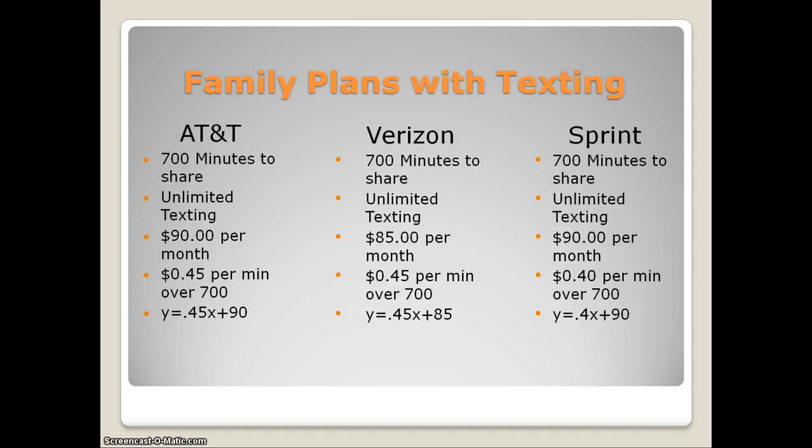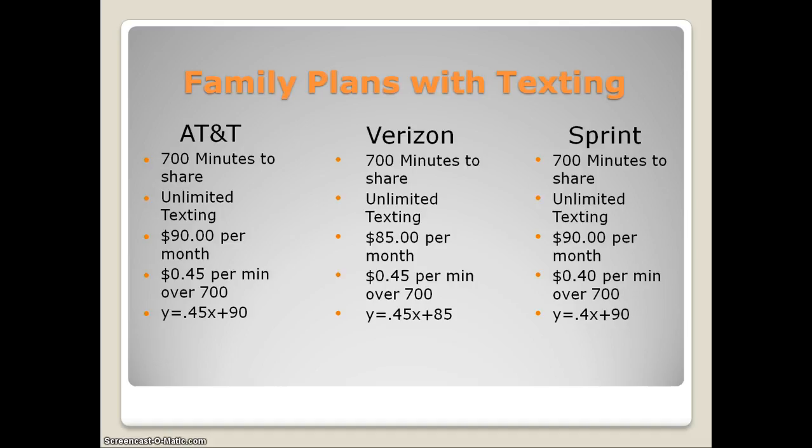Verizon is 700 minutes to share, unlimited texting, $85 per month, 0.45 for every minute you go over 700. So y equals 0.45x plus 85. The 0.45 comes from the cents cost for every minute over 700, and 85 is your monthly rate.